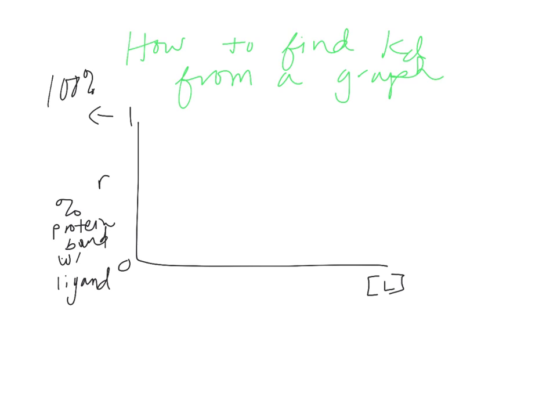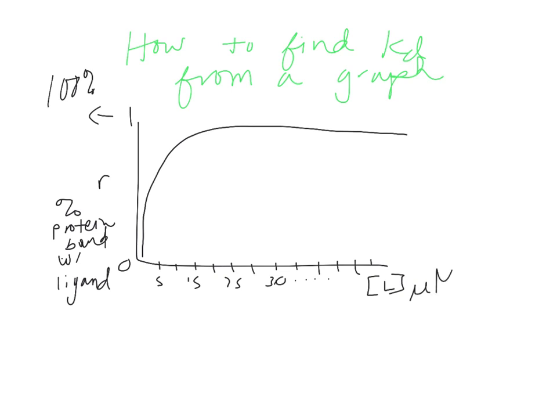This graph is going to be hyperbolic, where it plateaus off at 100%. You can't have more than 100% binding, so that can't go above 1. And then down here, there will be a variety of values. I'm just going to make some of them up: 5, 10, 15, 20, 25, 30. You get the idea. And the concentration units on ligand, I'm going to say, are micromolar.